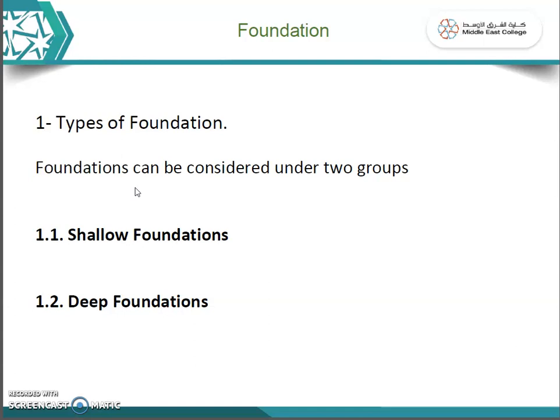The deep foundation means when you do not get any hard strata at shallow depth, then the foundation has to be laid at greater depths from the ground surface. In this condition, we have to go for a deep foundation.